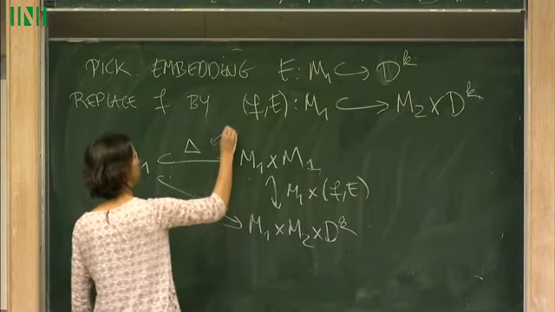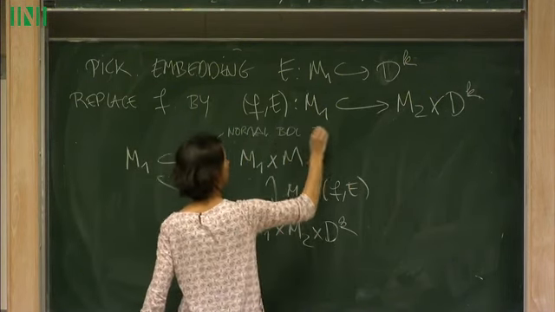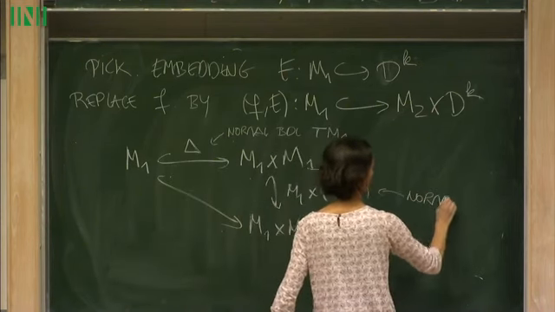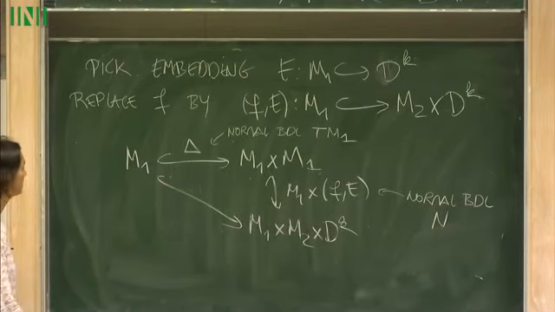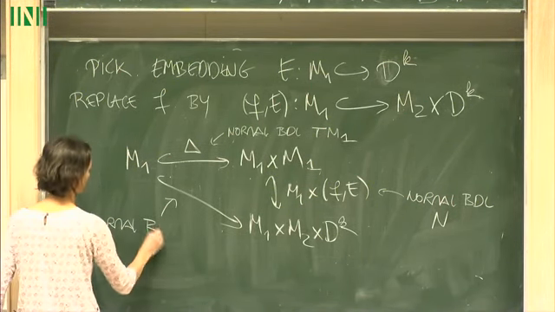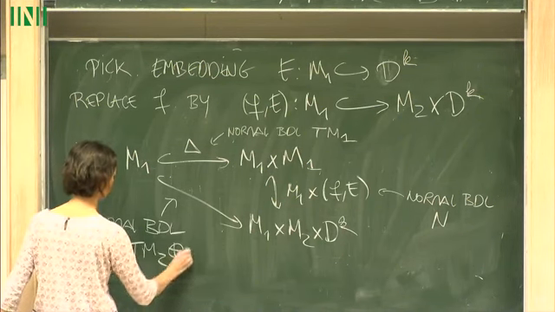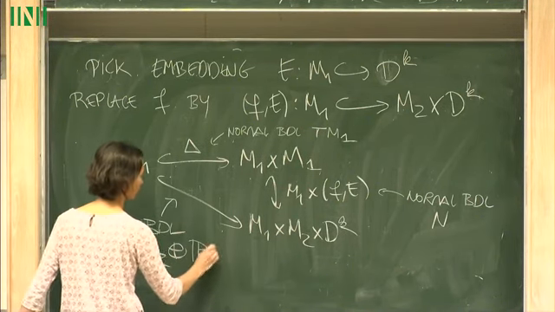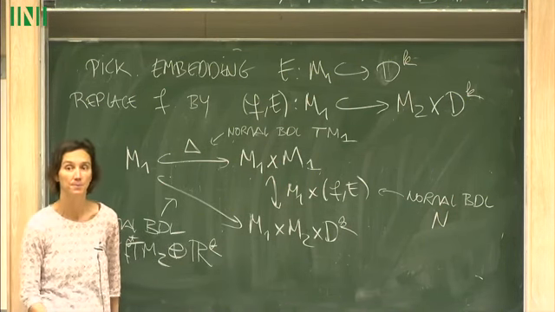This one has normal bundle TM1, this one has some normal bundle N, and this one has a normal bundle isomorphic to TM2 pulled back to M1 plus a trivial bundle, because on the first factor it is just the identity map.